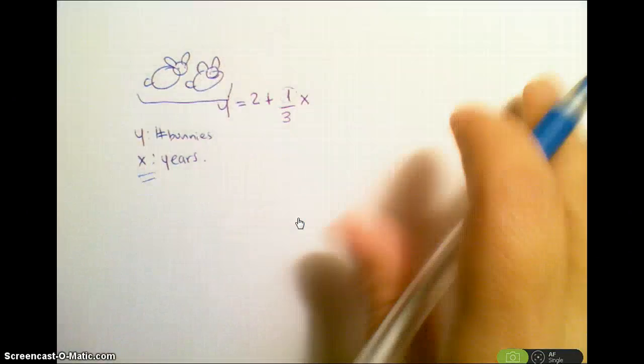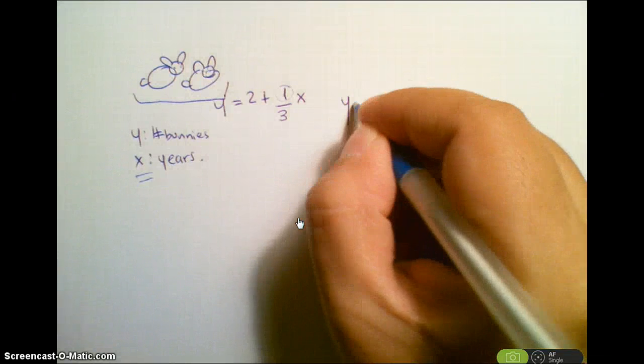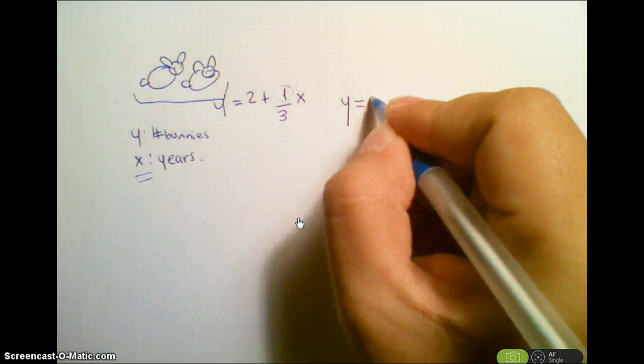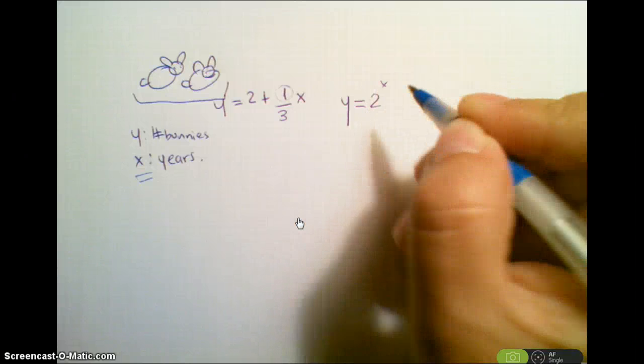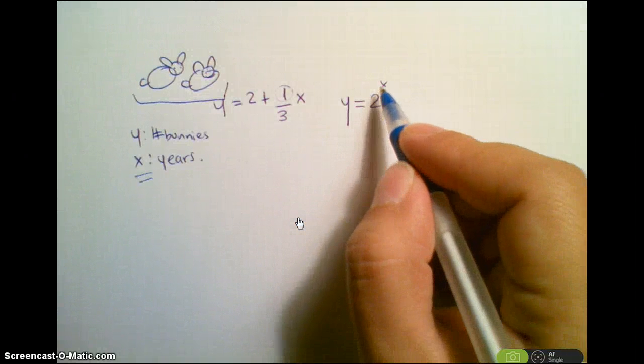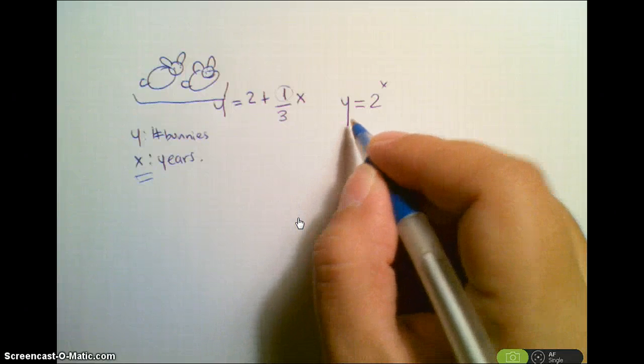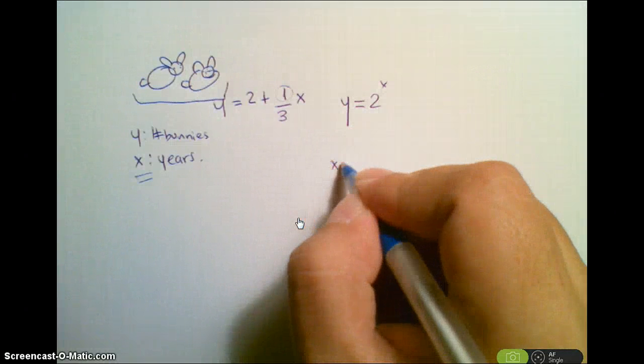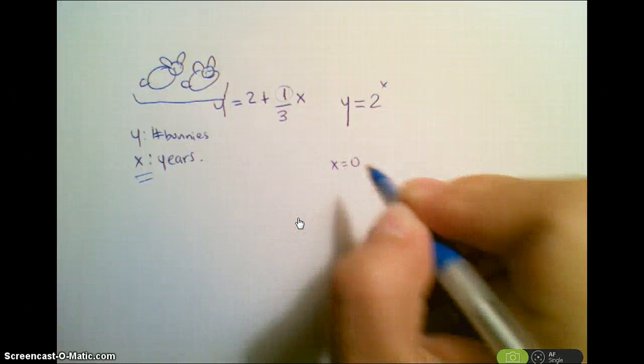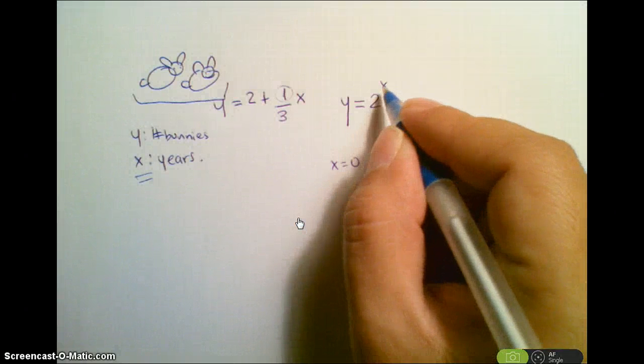So now let's change the model for these two bunnies. Let's say that the number of bunnies doubles every year. So at the beginning, when x is 0, I have 2 to the 0, which is 1.